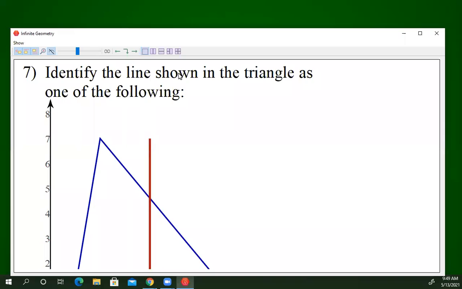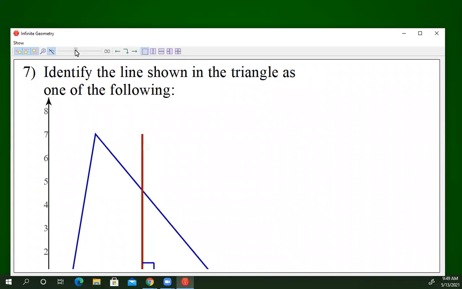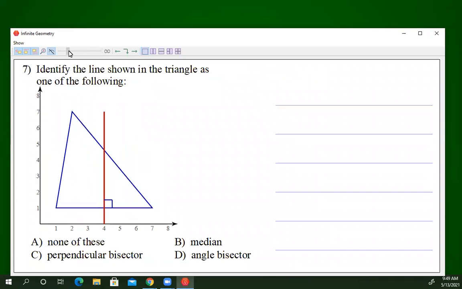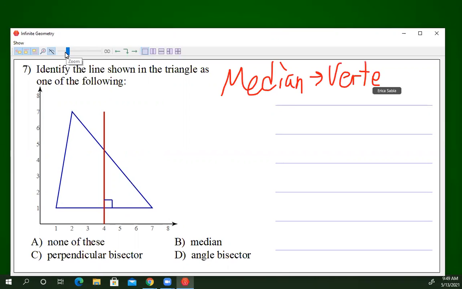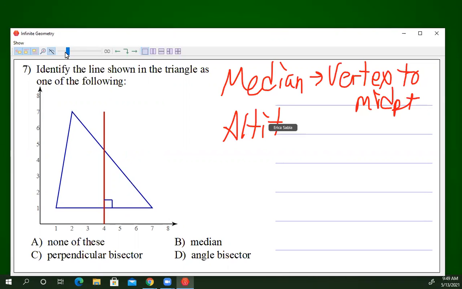What's next? Oh yeah, then you just have to identify each of these. So let me just recap real quick where they all go. First one we learned was median. That goes vertex to midpoint. Next one we learned was altitude. And that goes from a vertex perpendicularly down.